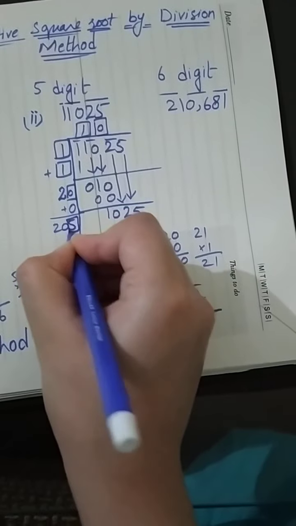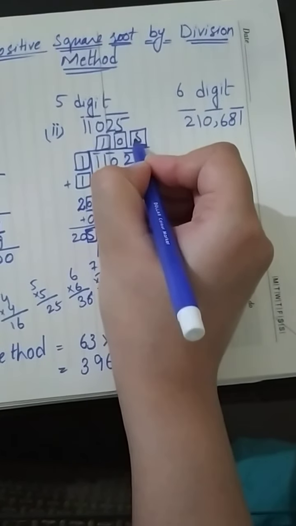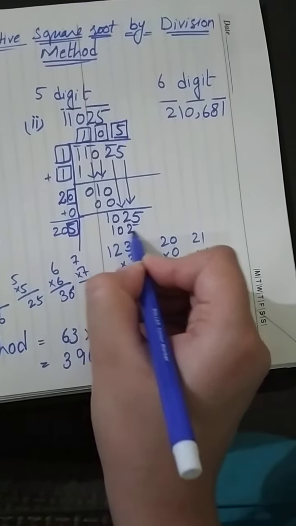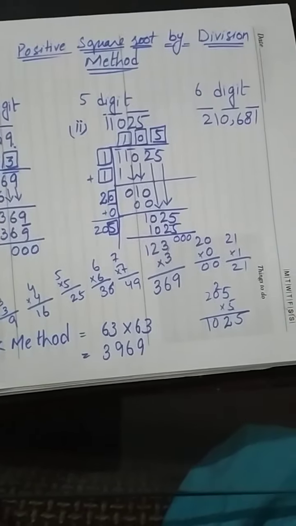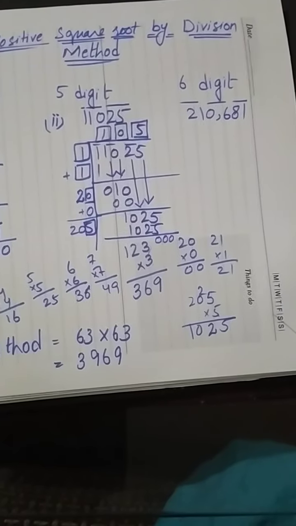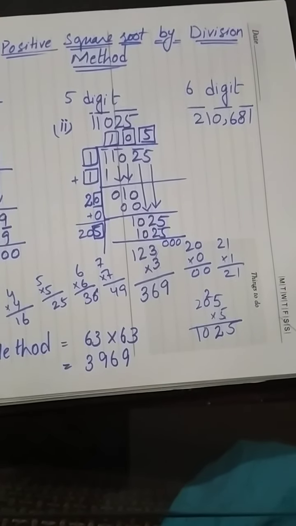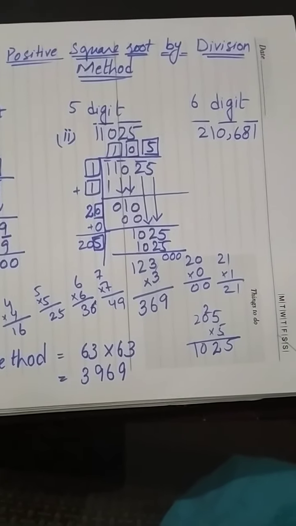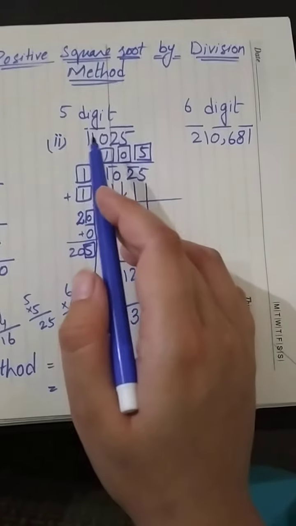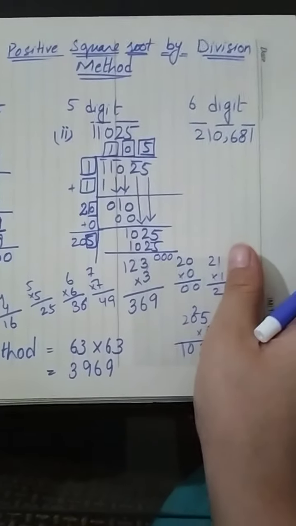I am putting 5 here and here also. 1025. Subtract it, the remainder is 0, so it is solved fully. This is the answer, 105. To check, just multiply 105 by 105. You will get the question value 11025.